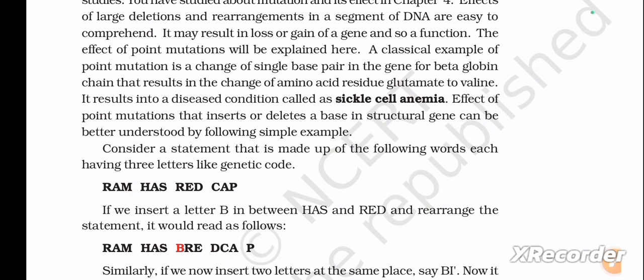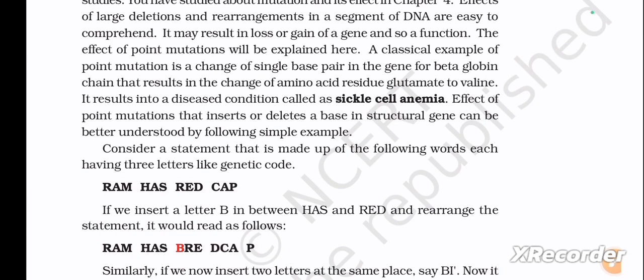The effect of point mutations that insert or delete a base in a structural gene can be better understood by the following simple example. Consider a statement that is made up of words each having 3 letters, like genetic code. RAM HAS RED CAP.